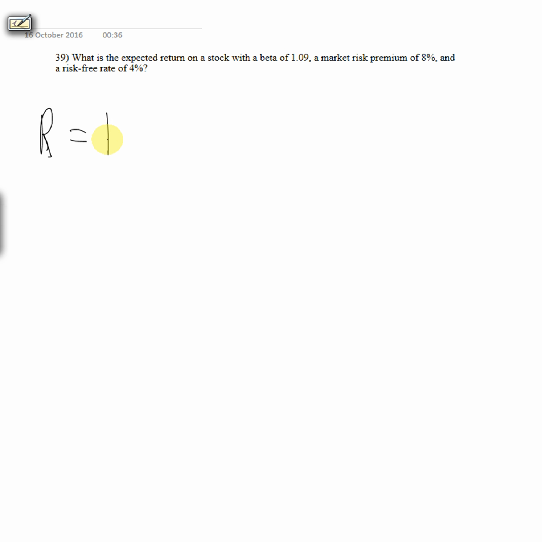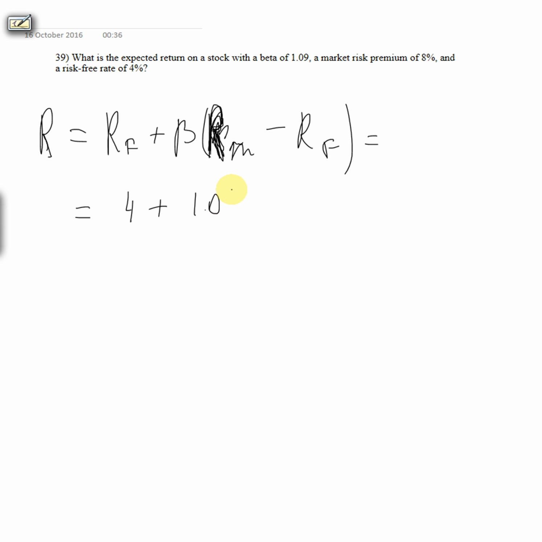The required rate of return R is then R_F plus beta times the market premium. To make it clear, this is R_M minus R_F. So we have R_F, which is 4%, plus beta, which is 1.09, times the risk premium, that's this 8%, which gives us the answer of 12.72%. Right?